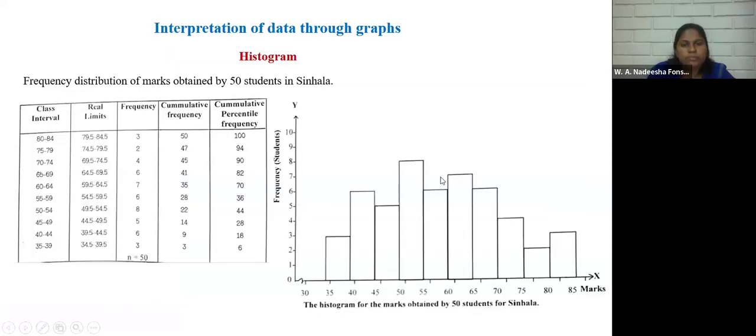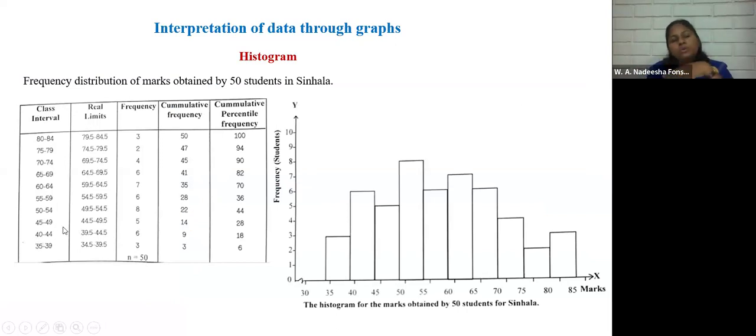That's better, I think. Histograms. Here you can remind the cumulative frequency, cumulative percentile frequency. So this is the class interval. To draw the histogram, you have to have the real limits. Looking at the class intervals here, 35 to 39, then again 40 to 44, there is a gap between 39 and 40.